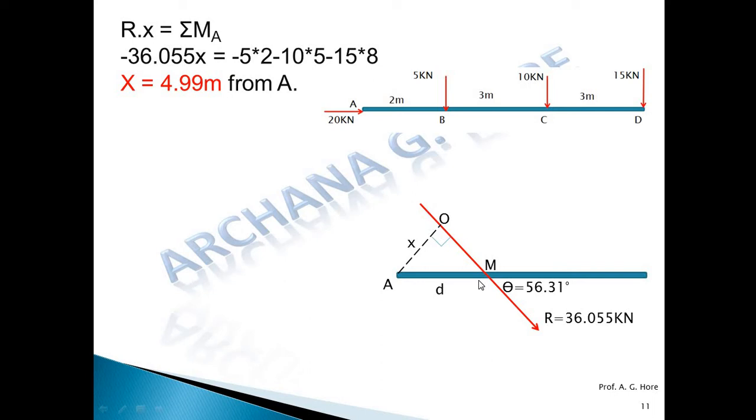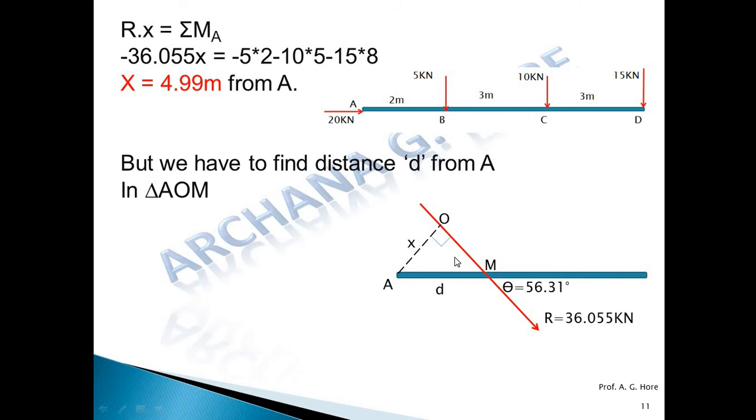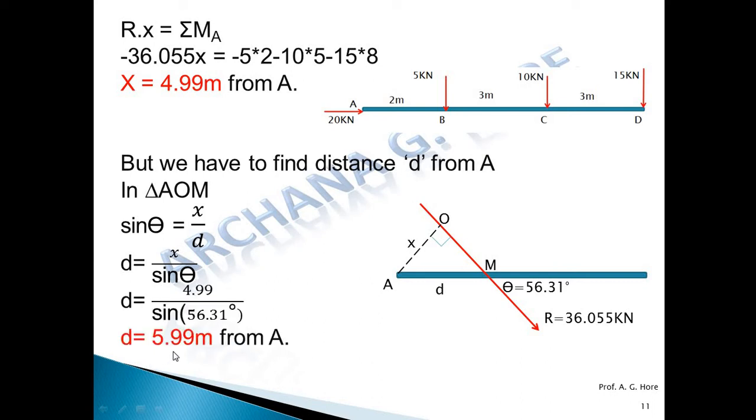So in this triangle we can apply sine theta, opposite upon hypotenuse, and we want to find out the d. So simplified, d is equal to x divided by sine theta. So d is equal to 5.99 from point A. So this is the actual location of the resultant from point A.